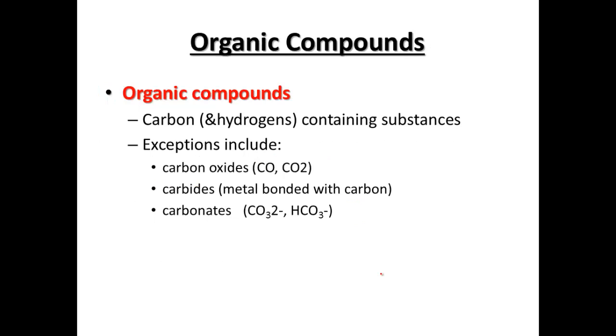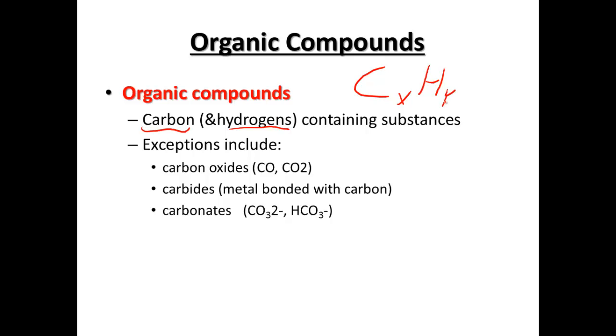Now, when we look at organic compounds, they're going to contain carbon as their primary part, and then hydrogen as their secondary part, substances that contain both. From there, there'll be some other substances, but it's always going to be carbon, however many carbons you have, and hydrogen, however many hydrogens you have.